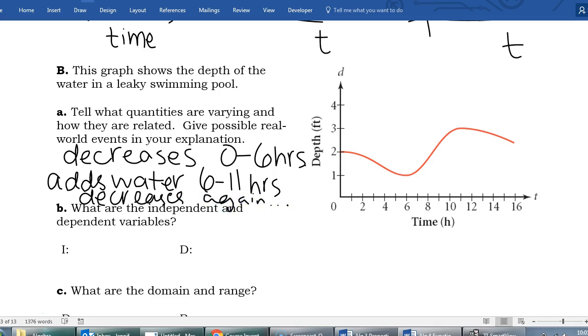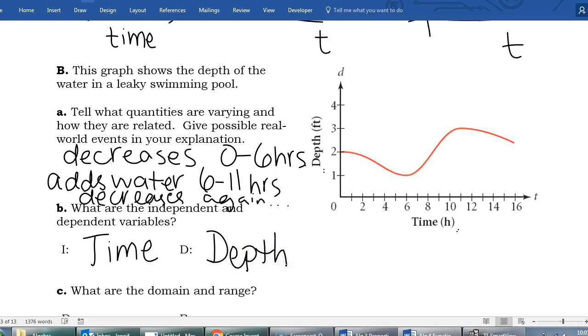If this is asking for a story, I might want to write this out a little bit nicer, but you get the idea. So what are the independent and dependent variables? Those are on my axes here. Dependent on the side, independent on the bottom. So my independent variable is time, and my dependent variable is depth.